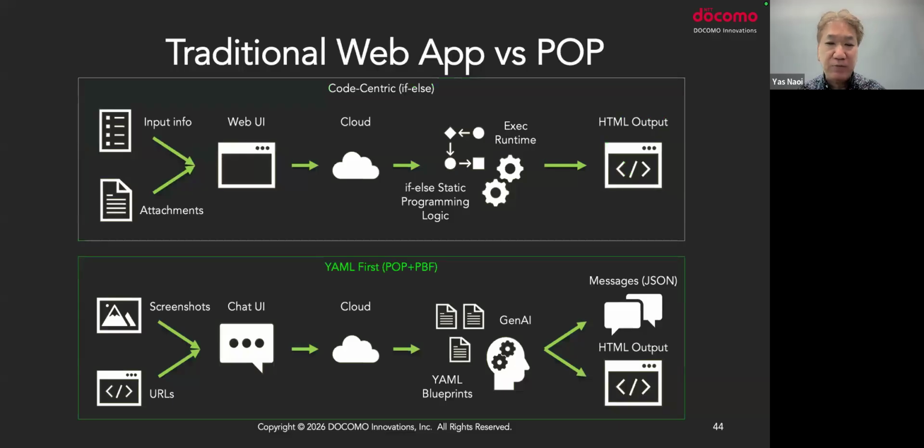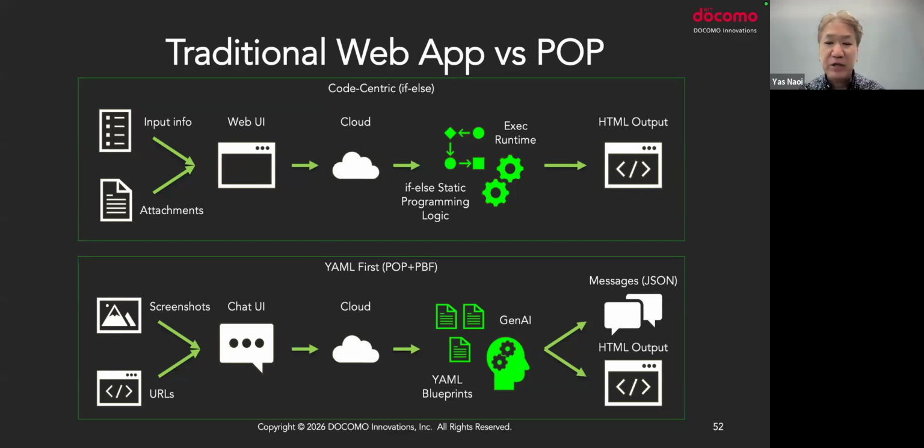With YAML-first POP, input goes through chat UI, and then YAML blueprints through the LLM and self-validation, then to JSON for chat messages or HTML output. This illustrates how POP replaces static logic with blueprint-driven processing. At my company, I explain this as traditional web app versus POP.